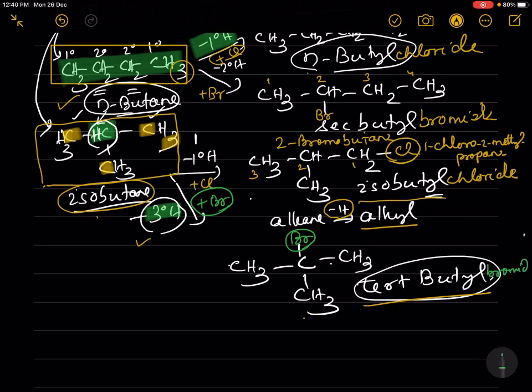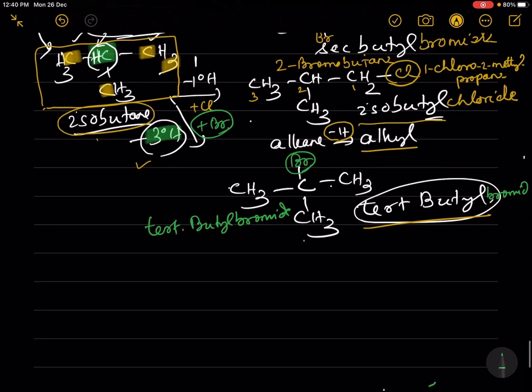bromide. And its IUPAC name is 1, 2, 3. So 2-bromo-2-methylpropane.